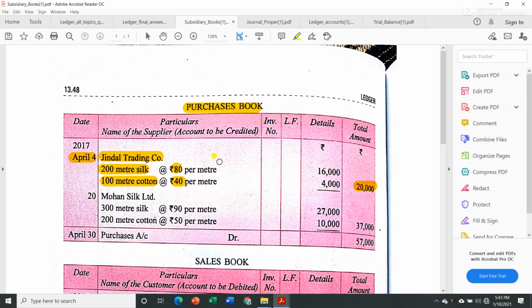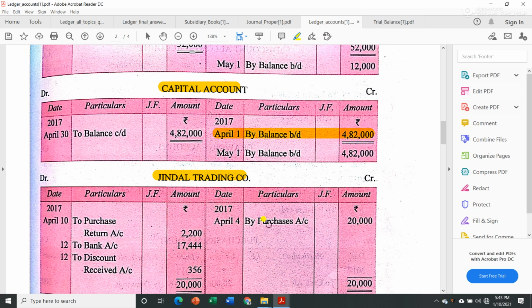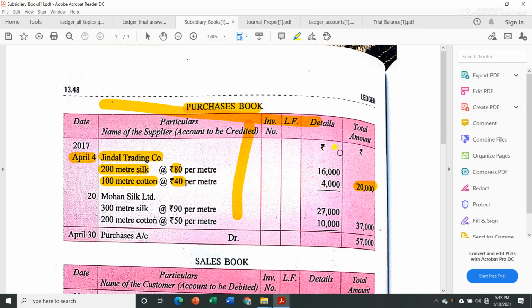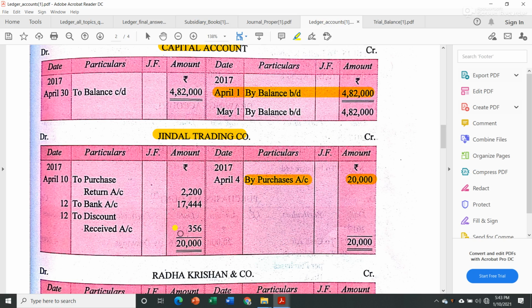So we prepare Jindal Trading Company's account, and since this is appearing on the debit side, as we divide the purchase book into two parts, what we will do is write in the opposite direction, that is on the credit side, By Purchases, rupees 20,000. Finish. Now since we don't have any GST or IGST, we don't have to do anything else. Ledger preparation is finished. Now again we have to prepare the purchases account.